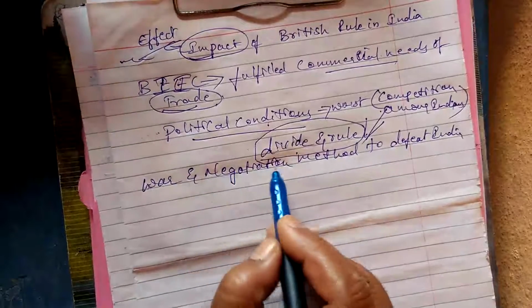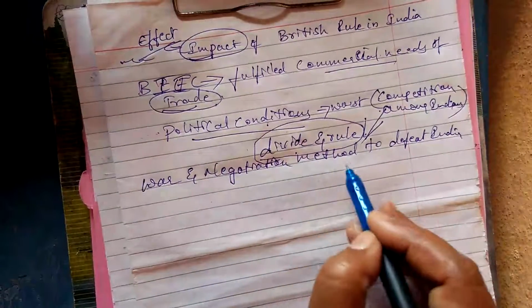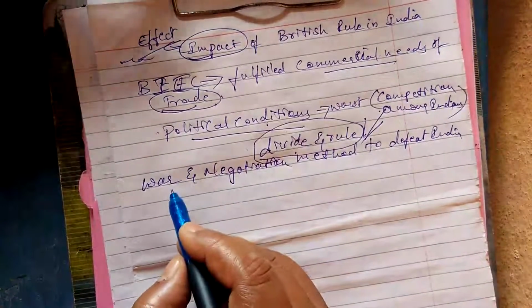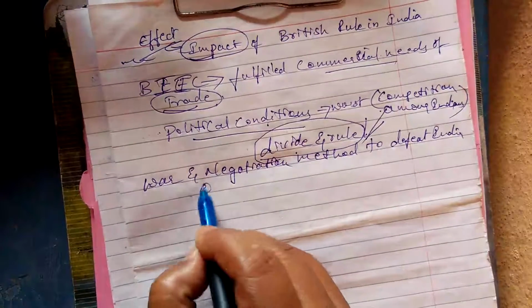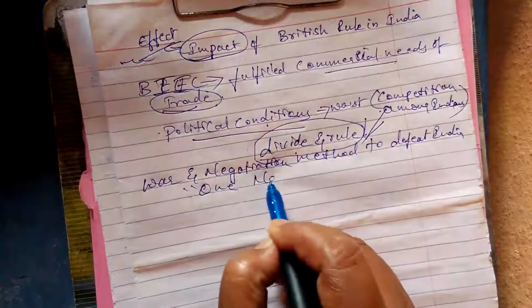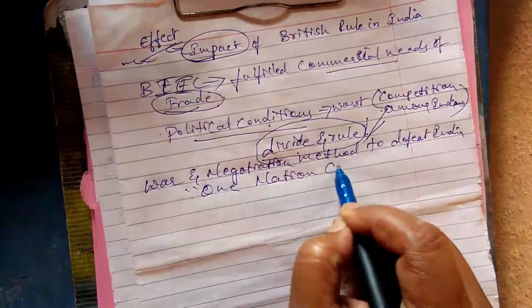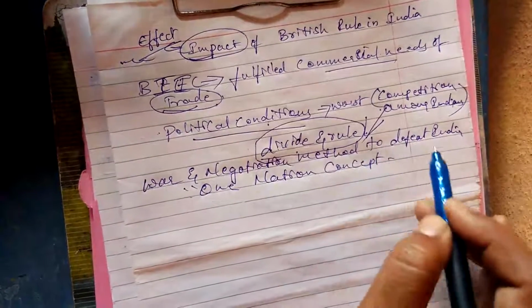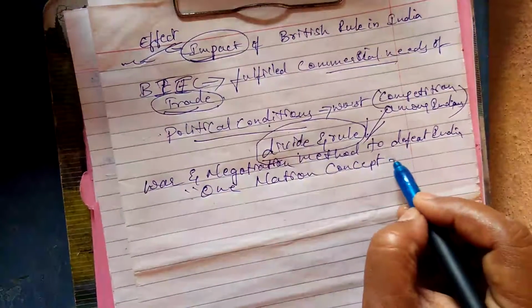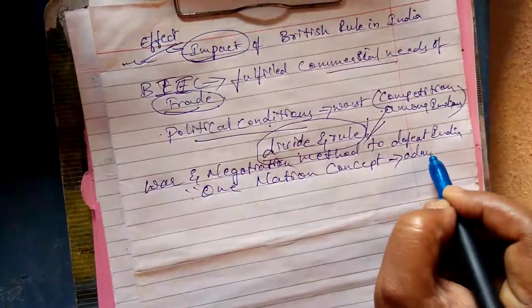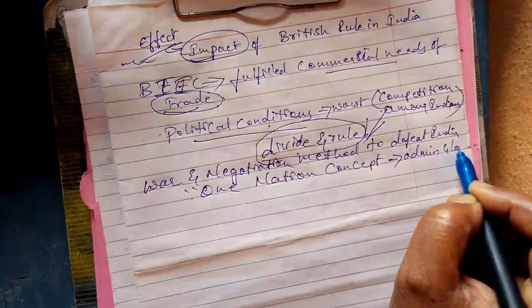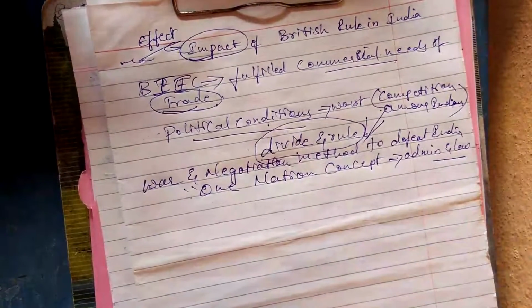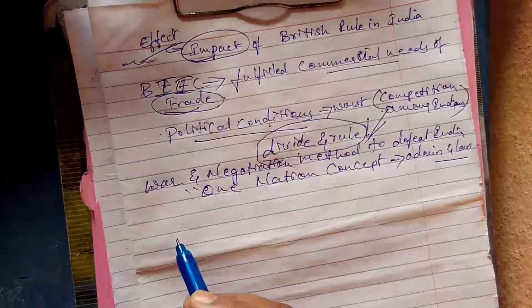Once they defeated a number of nations, they slowly introduced the one nation concept, and they started their own administration and law here. So that's why we can see a number of changes.